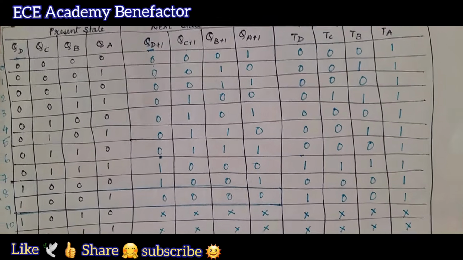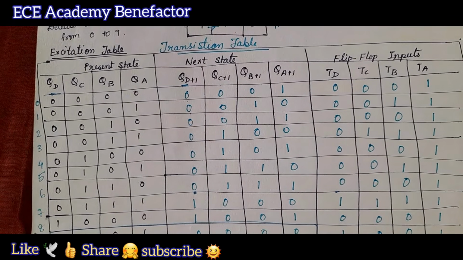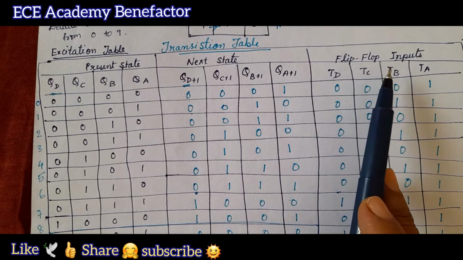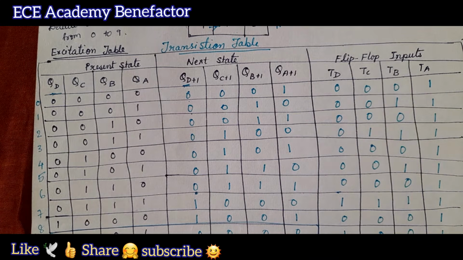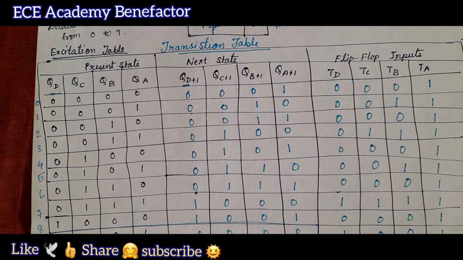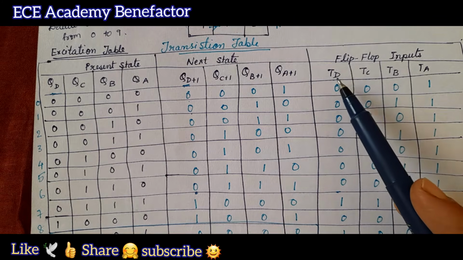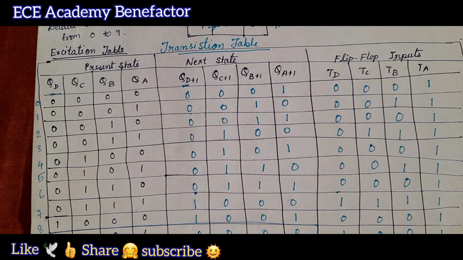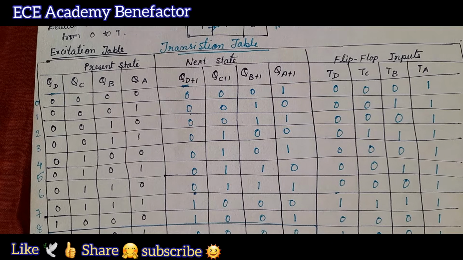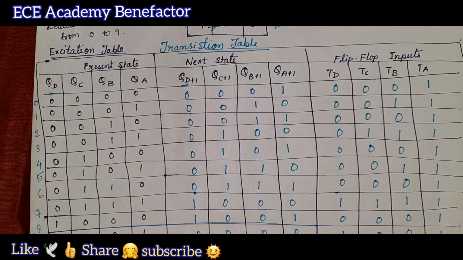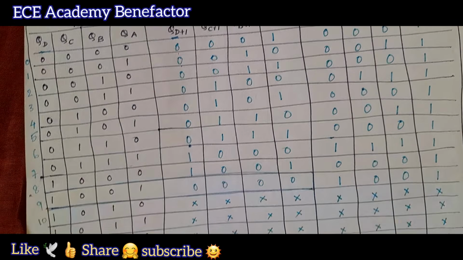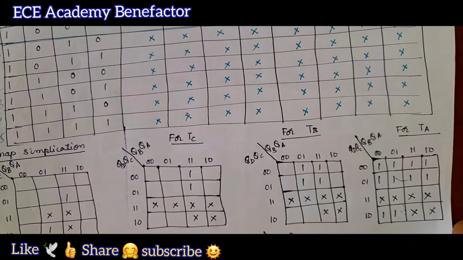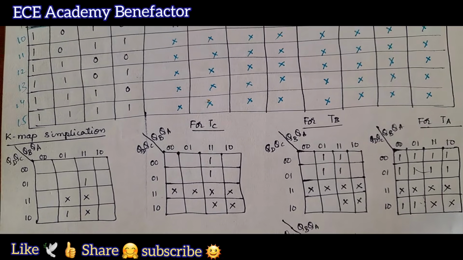So in this way we could fill the transition table, which comprises present state, next state and flip-flop inputs. So once you have completed with these flip-flop inputs, we need to now simplify the K-map for TD, TC, TB, TA. Okay. To solve this, we can draw this 4 variable K-map, which I have drawn here to save time.